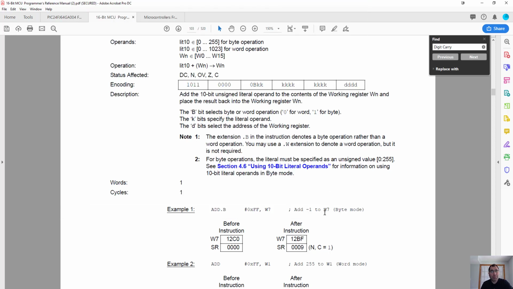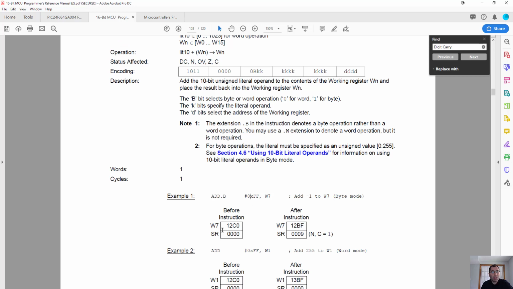So that's basically why it says add -1 to W7, because FF in hexadecimal, if this is a byte, is equal to -1 in byte mode.